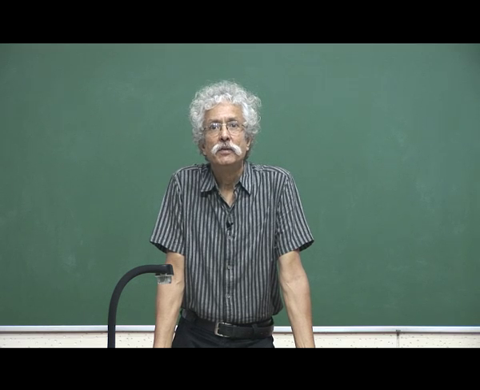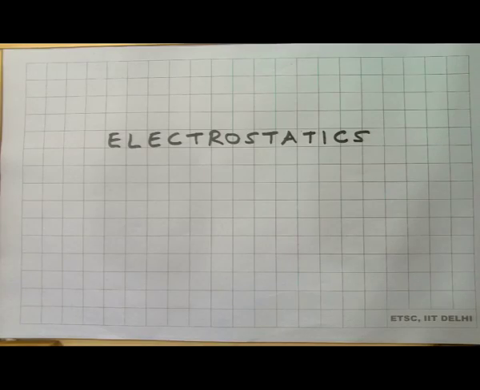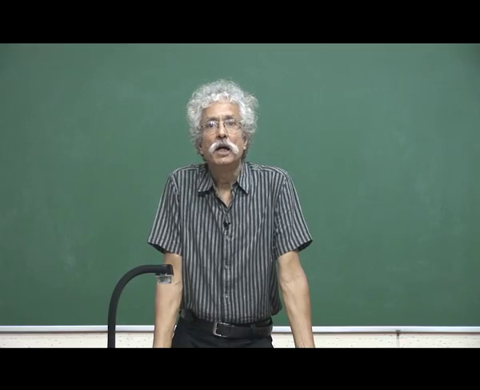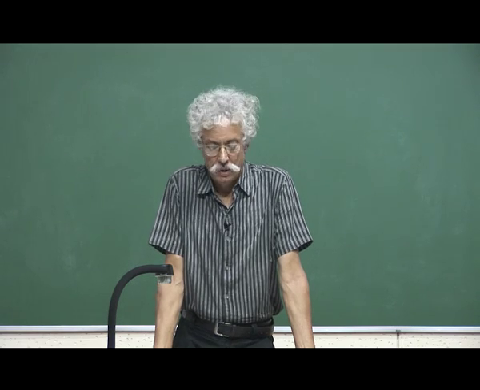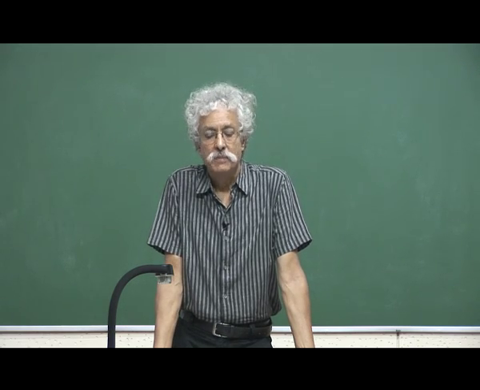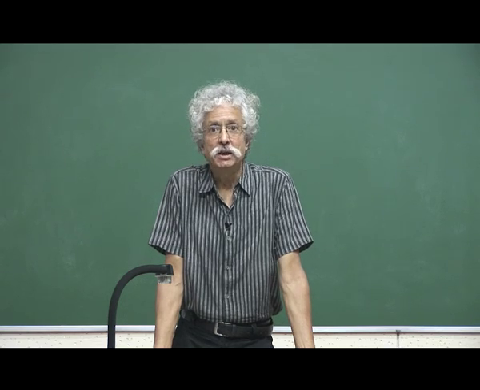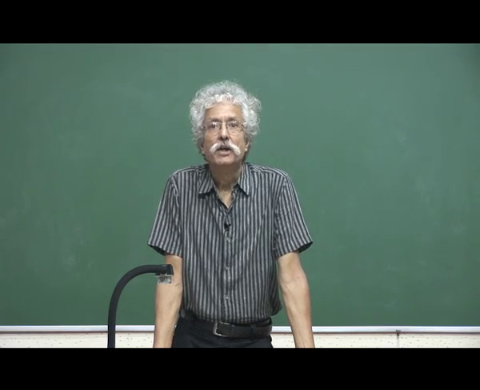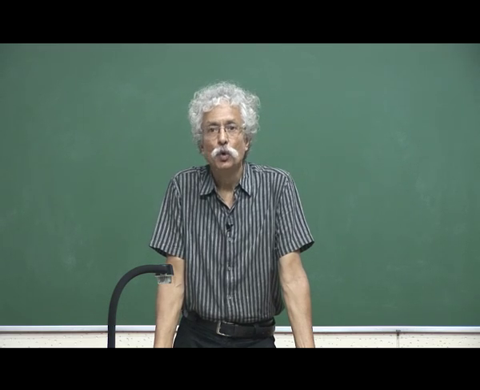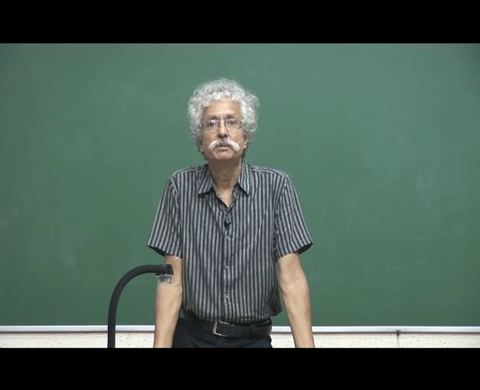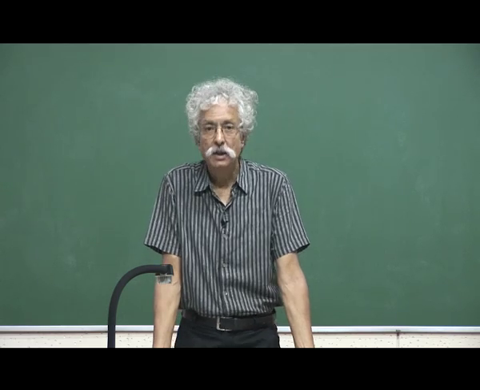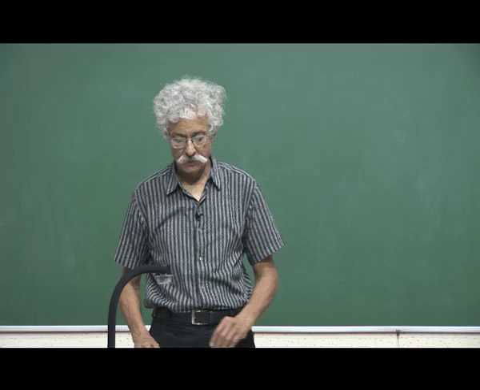So, we continue with our lectures on electrostatics. Till now, I have introduced the concept of charge and the properties of charges. Then we discussed Coulomb's law, which describes the force between two point charges.